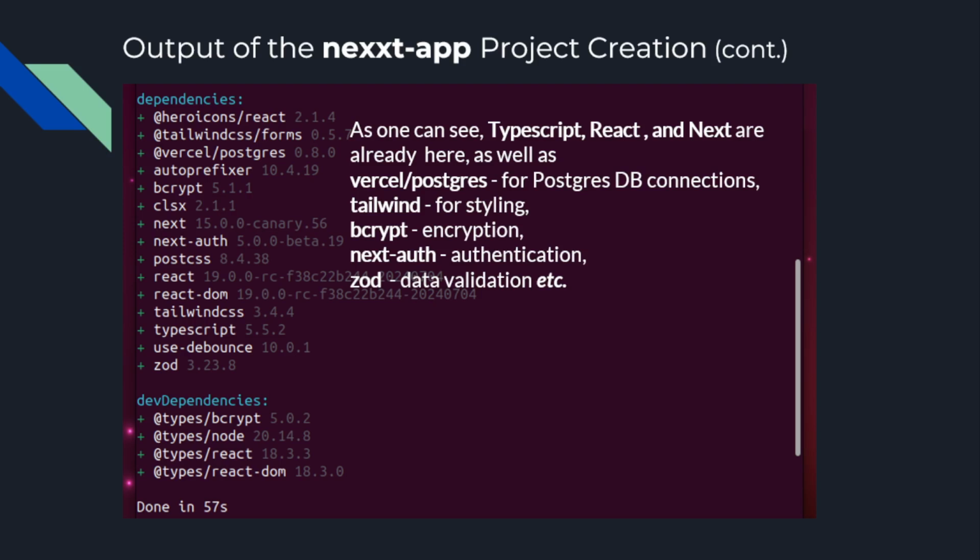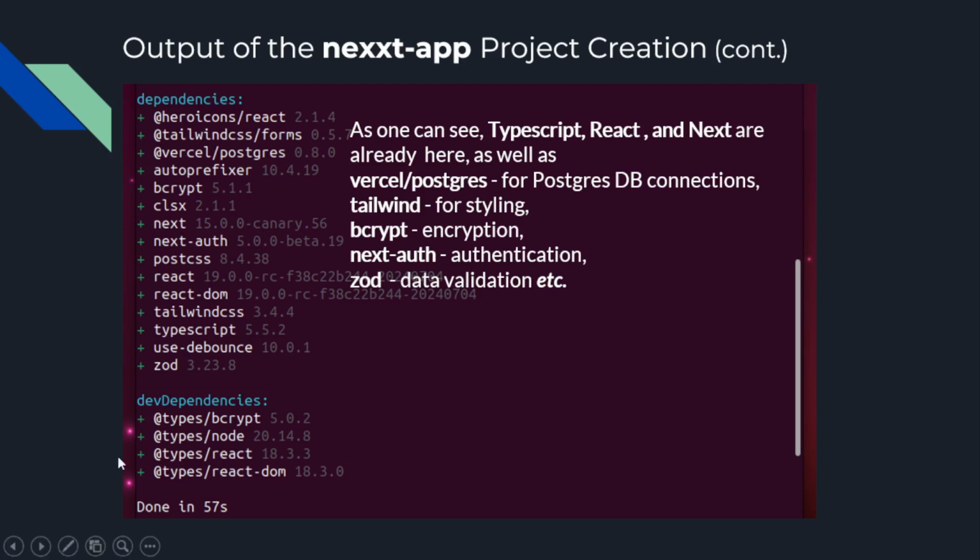That's another part of the log file, log of the output. As you can see, let's have a look at the dependencies. As you can see, TypeScript, React, and Next are already here, as well as Vercel Postgres for Postgres DB connections, Tailwind for styling, bcrypt for encryption, next-auth for authentication and authorization, and zod for data validation, etc., etc. Okay.